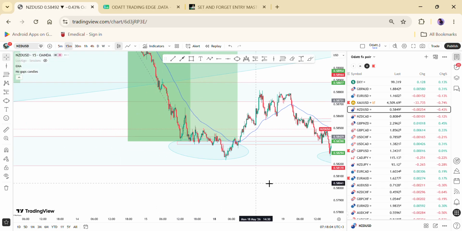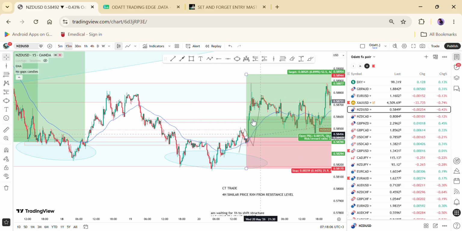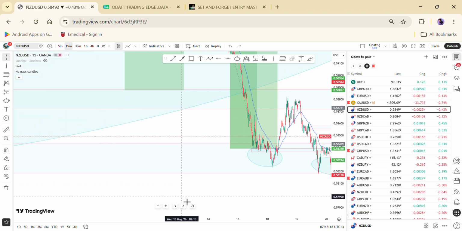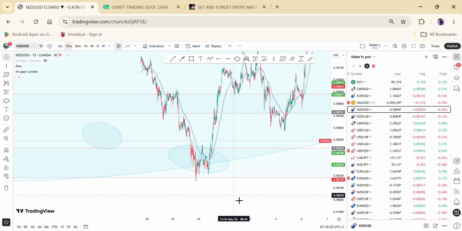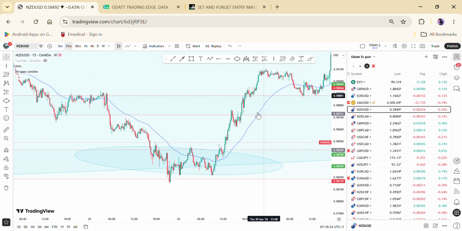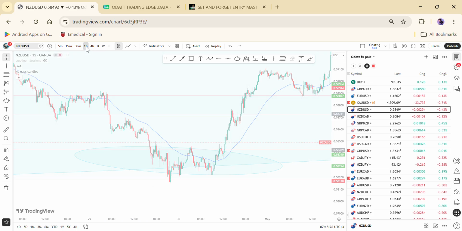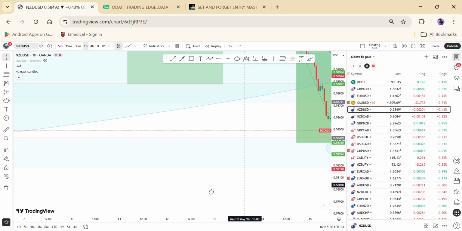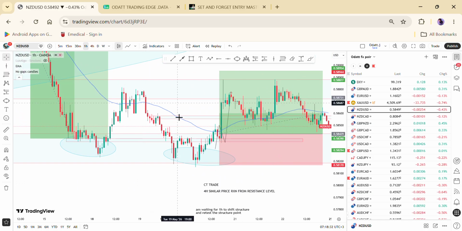As you can see, the same thing that happened here is the same thing that has happened here, though the difference is when we broke this structure over here in 1 hour, we didn't get a retest, so there was no entry to take. The same thing happening over here, break, retest, and then you continue moving to the upside. So that was the reason why I came up with this counter trend trading.